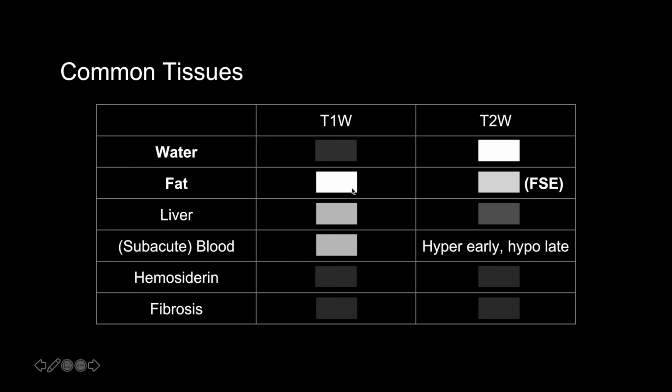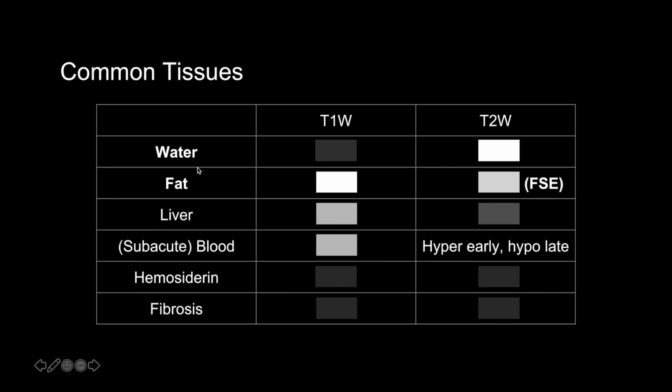Fat is going to be bright on T1 weighted images. It's more complex on T2 weighted images, but for fast spin echo or fast T2 weighted images, fat is going to look relatively bright. In other tissues in the body, like the liver or the pancreas or other tissues, we're not really dealing most of the time with pure water or pure fat.